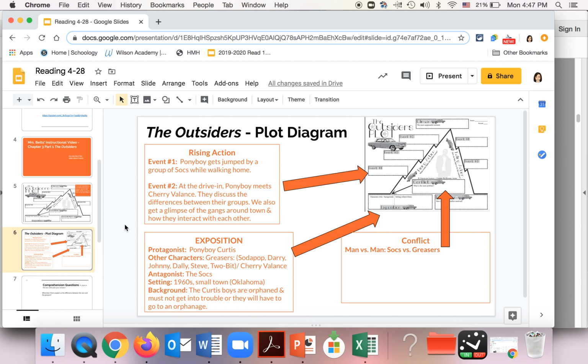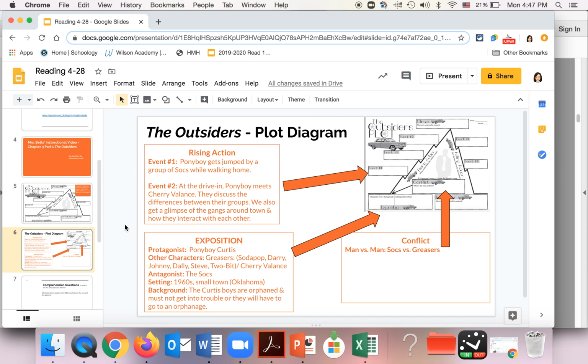So our rising action, our first event when we first read in Chapter 1, was that Ponyboy was walking home from the movies at night, and he was jumped by a group of Socs. In chapter 2, Ponyboy and some of his friends are at the drive-in, and they meet Cherry Valance. If you can remember, Dally was very disrespectful and rude to Cherry and her friend Marcia, and Johnny stood up for them.